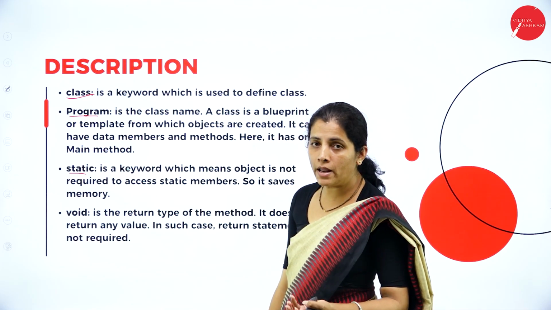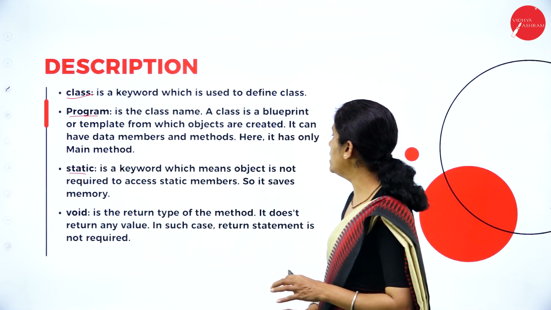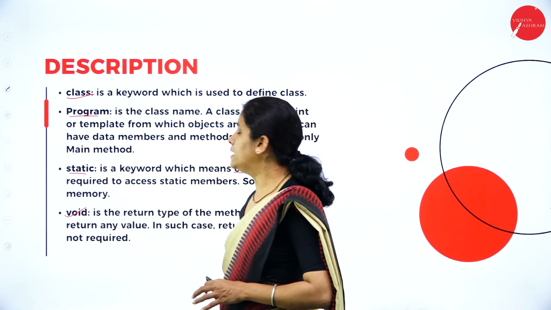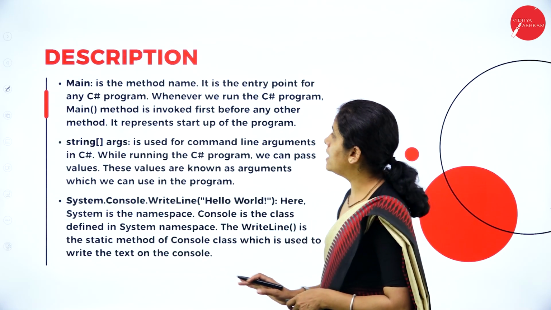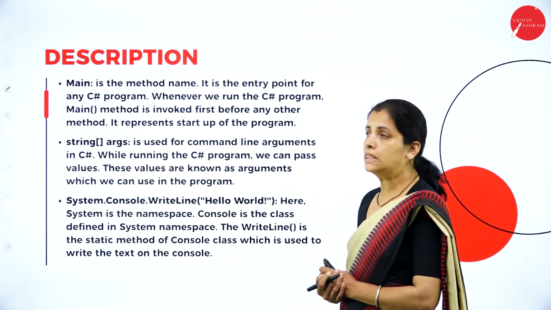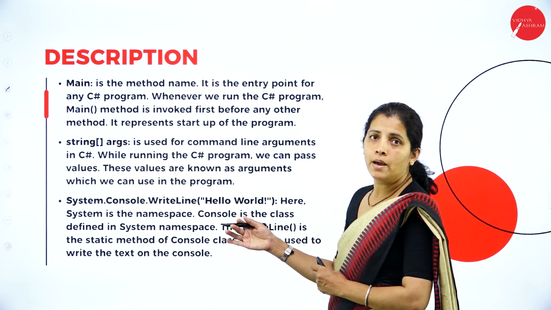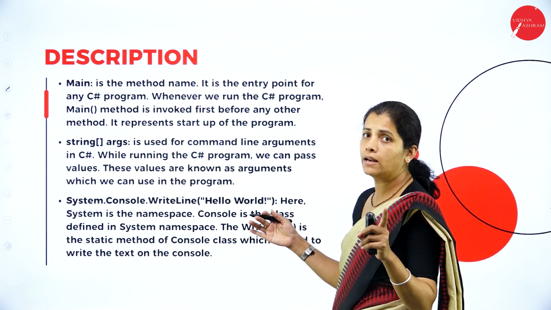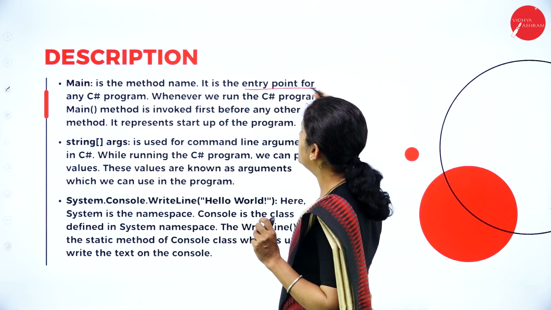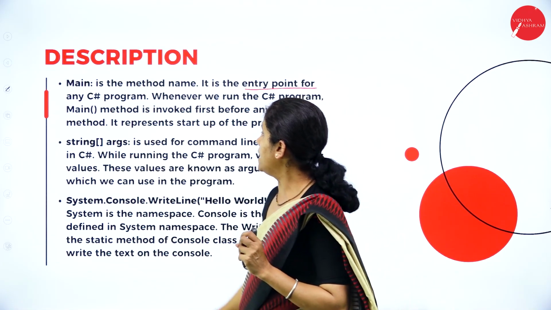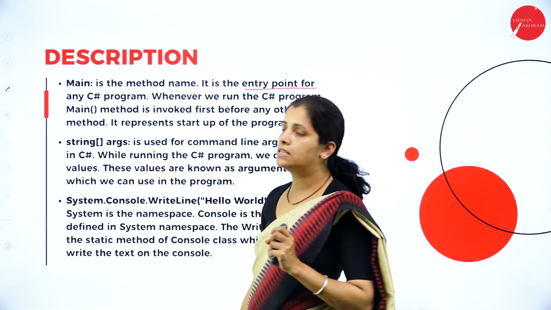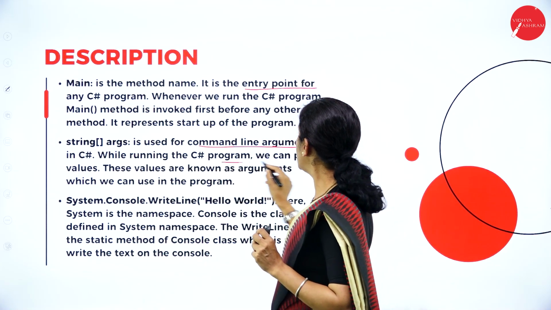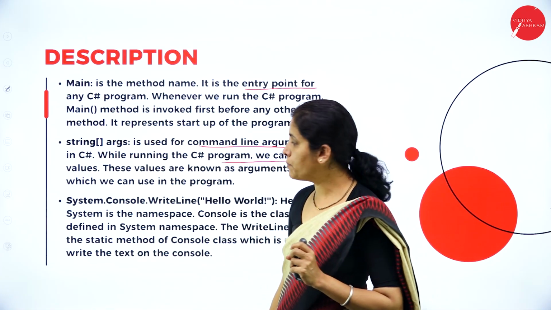Because to invoke the main function, I do not require any object. Void means it does not return any value. Main is a method name. How many main functions can I have in my C# program? Only one, and that is the entry point. Then string[] args is a command line argument. We can pass values through the command prompt.